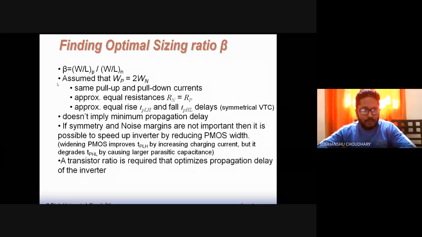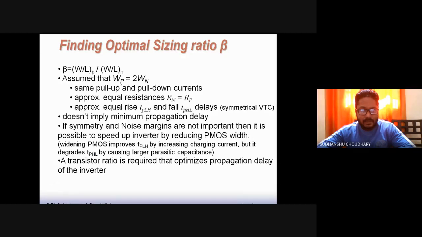We also assume that the width of PMOS is twice the width of NMOS, that is, PMOS is twice bigger than the NMOS, so as to have the same pull up and pull down currents. That is only possible when the resistance of the pull up and pull down networks are the same, that is, the equivalent resistance of NMOS should equal the equivalent resistance of PMOS.